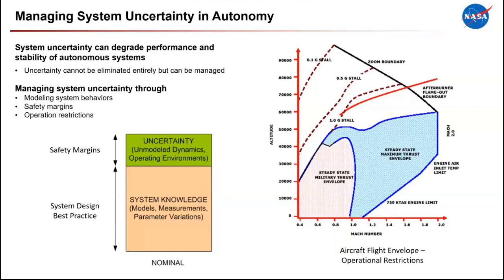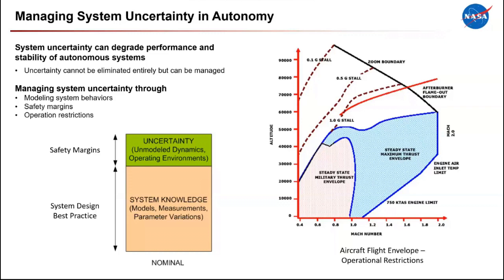The way we manage system uncertainty is through modeling. We want to model the system behavior so that we can capture many unknowns. Sometimes we cannot capture all of the unknowns, and then we apply a safety factor or safety margin on top of the design, and we also restrict the operation envelope.